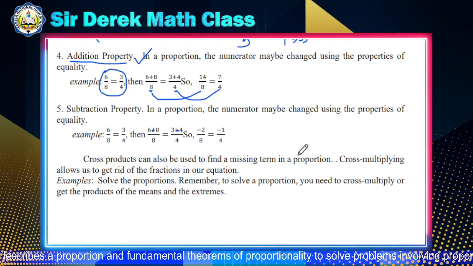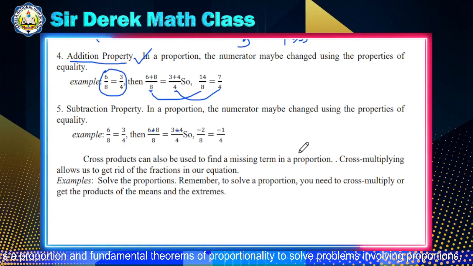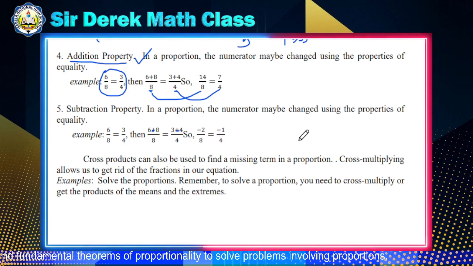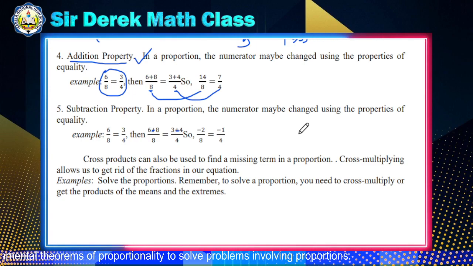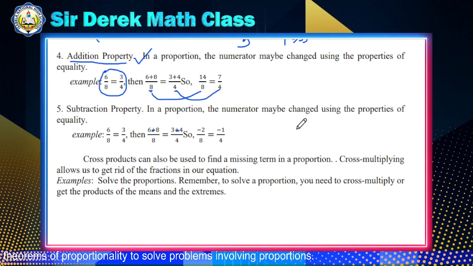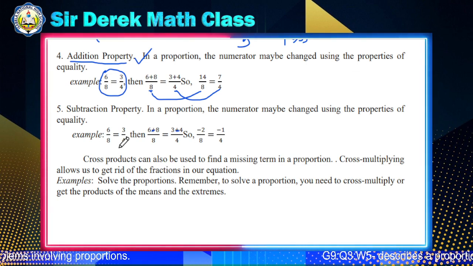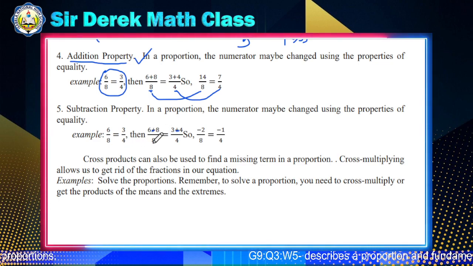Alright. So, in properties of equality, meron tayong addition property of equality. But, meron din subtraction property. Because, if we subtract from this part, you must also subtract on the other part of the equation. But here, this is different.